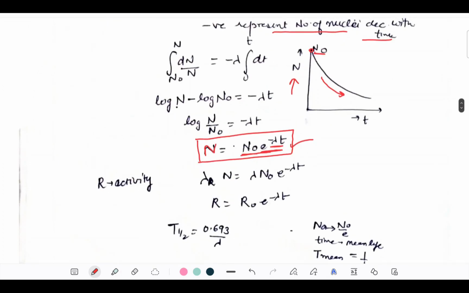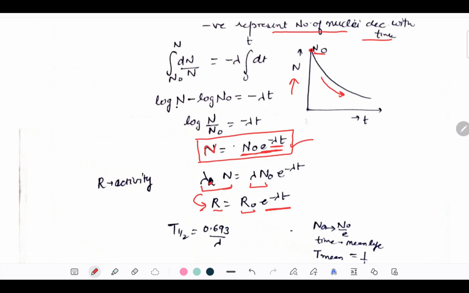We can also write lambda N as the activity of the sample. We just multiply this equation by lambda on both sides. We get lambda N is equal to R, and lambda N naught equals R naught, so R equals R naught e raised to the power minus lambda t.